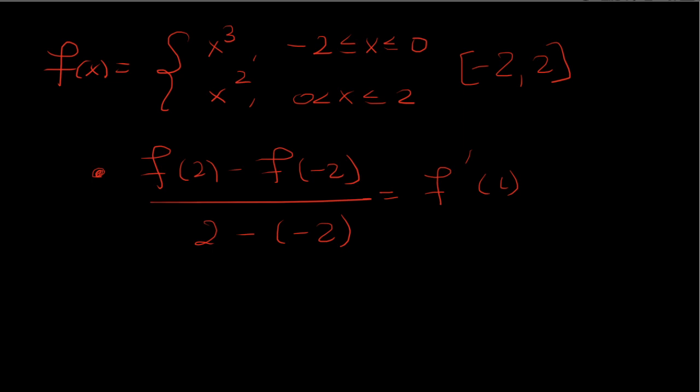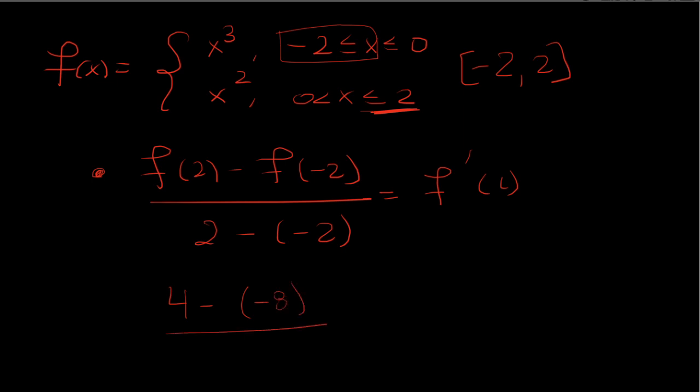So f of 2, well, I have two functions here. Where do I plug it in? Well, 2 is included in the bottom one, so plug it in for x squared, you get 4. -2 is included at the top, so plug it in the top. -2 cubed is -8.